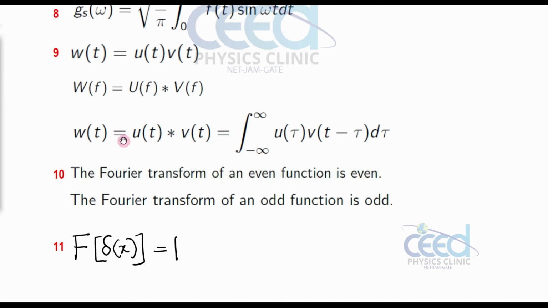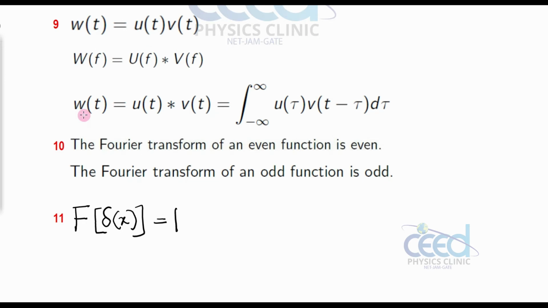Suppose this function u of t is represented with a time tau, and this function v has a variation from that time, that is t minus tau, into d tau. So this means the convolution multiplication. When I do a problem, you will get more idea. So this is the convolution theorem.